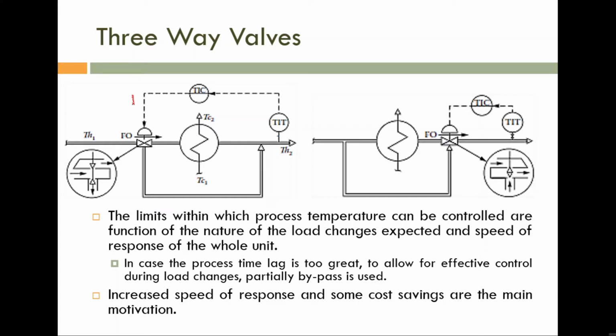So this path is closed and this path is open. Automatically this flow rate will decrease and this flow rate will increase. So after mixing, the temperature will increase. So this is the operation.